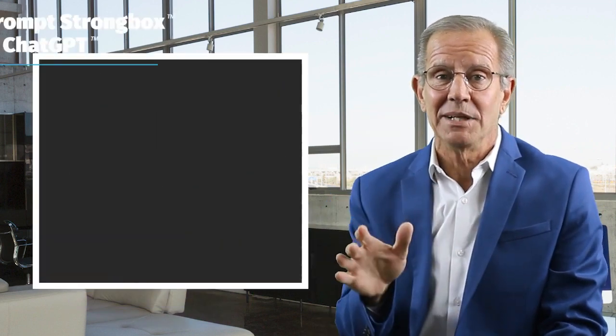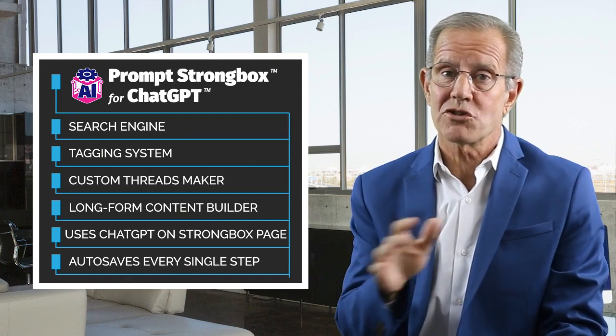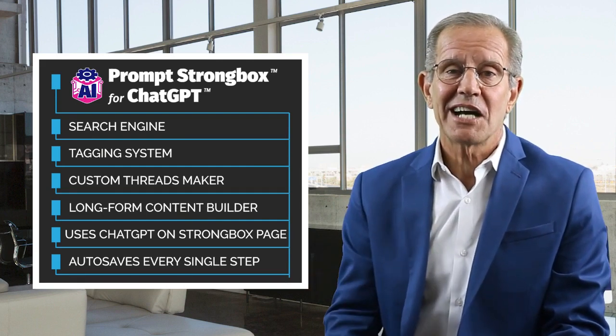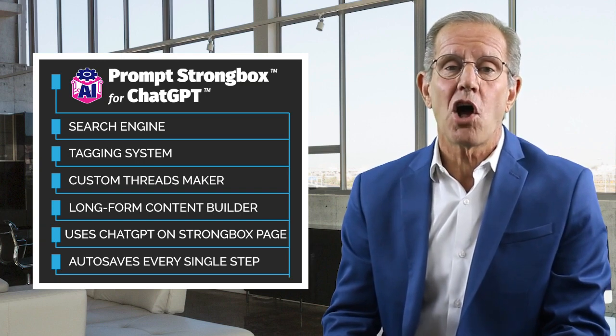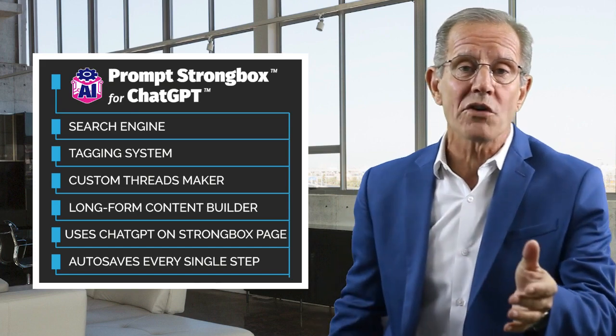But then after struggling with this mess for a few weeks, Andrew Darius came up with the ultimate solution, the PromptStrongbox for ChatGPT. The PromptStrongbox is like a backup for all your conversations, but it's a whole lot more than that. It's got a search engine, a tagging system, a custom threads maker, and even a long-form content builder for digital products like the ebooks and the courses and things.